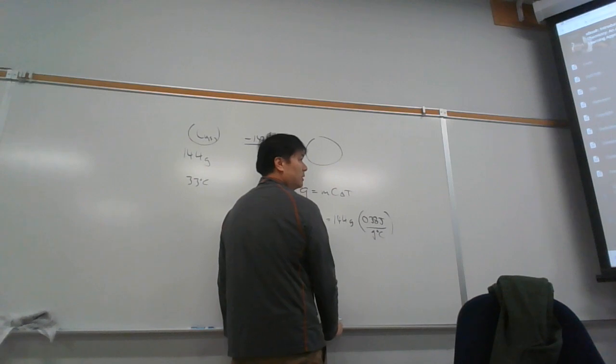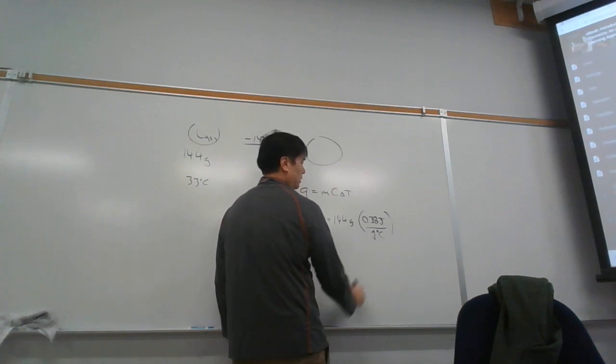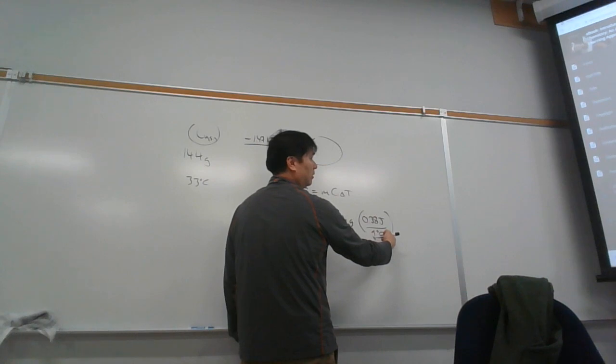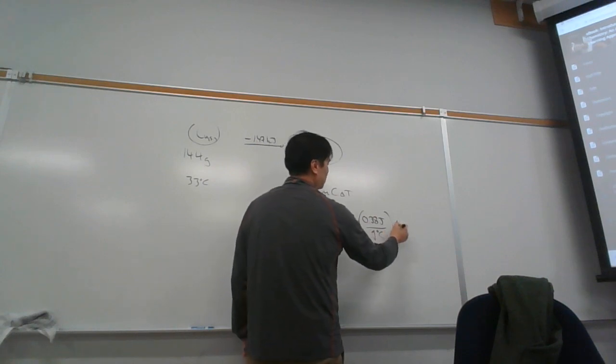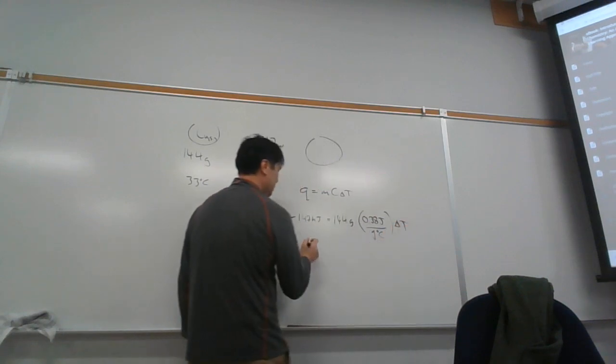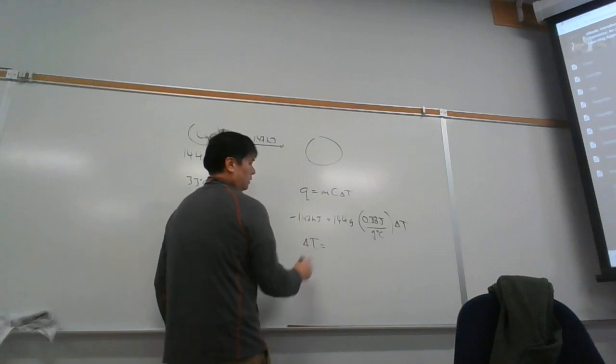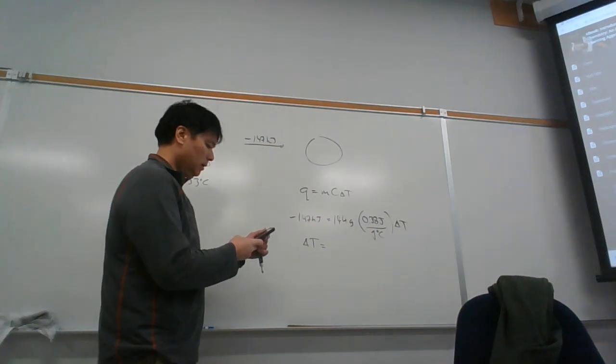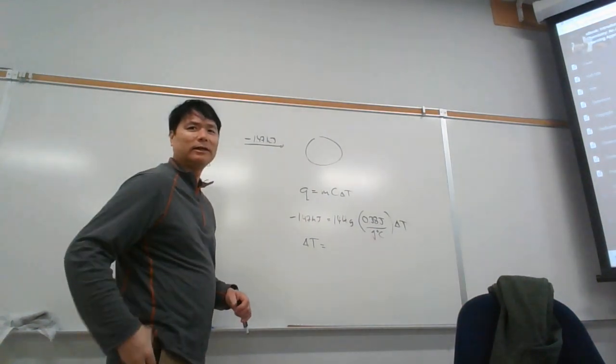And then you did a delta T? Or did you solve for delta T final? I solved for delta T. You did solve for delta T here. What did you get for your delta T?